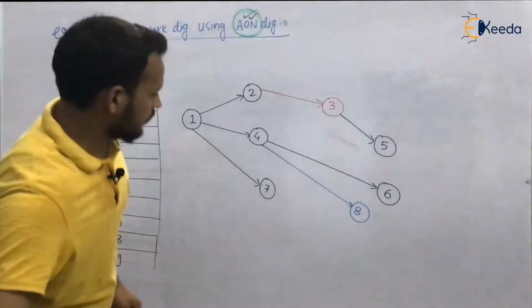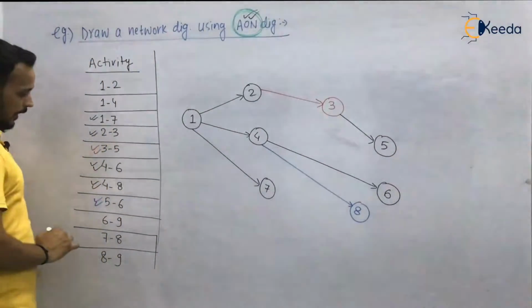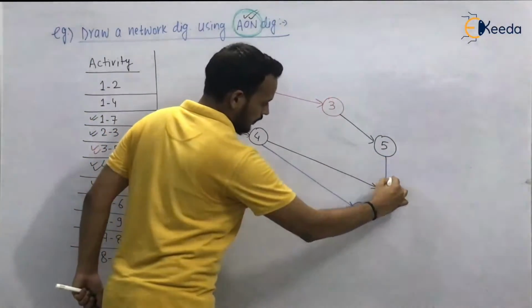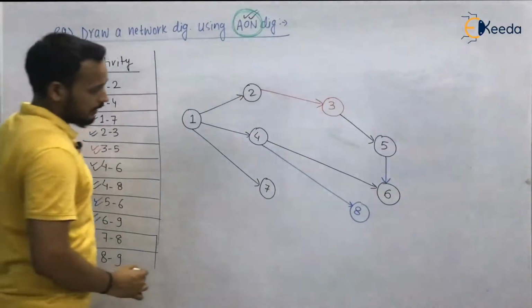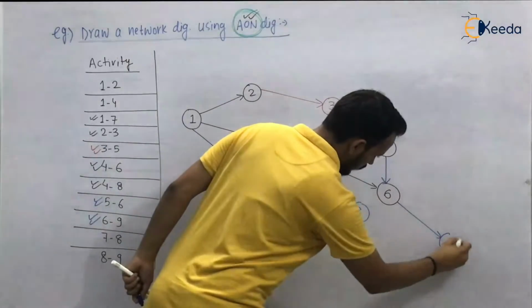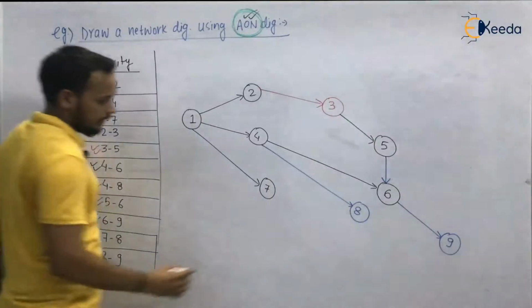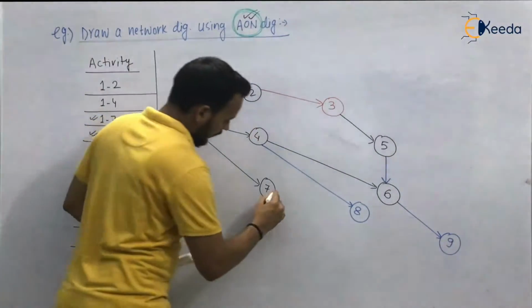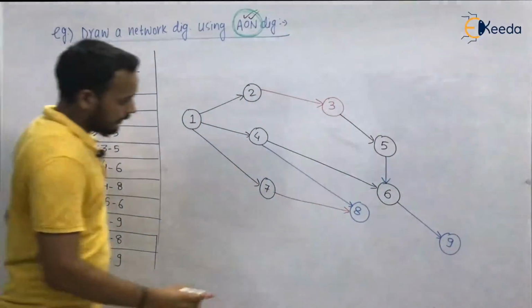Okay, 4 and 8. 5 and 6: this is 5, this is 6, match them. 6 and 9: there is no 9, so just draw 9. 7 and 8: match 7 and 8, and the last, 8 and 9.